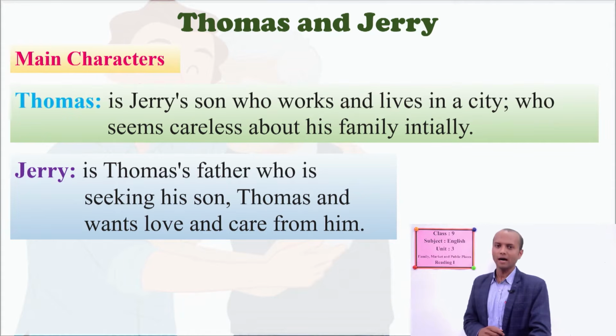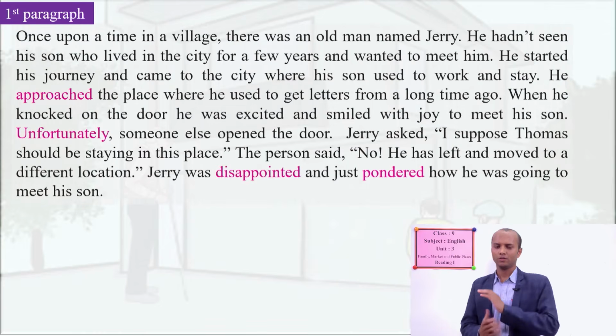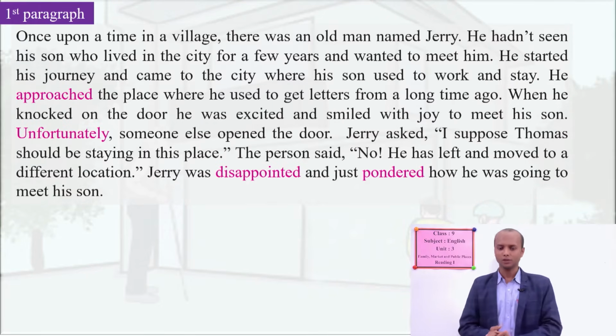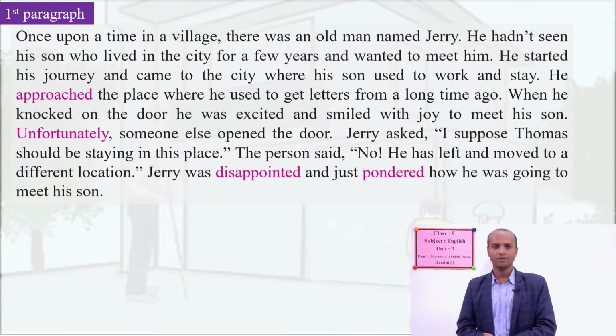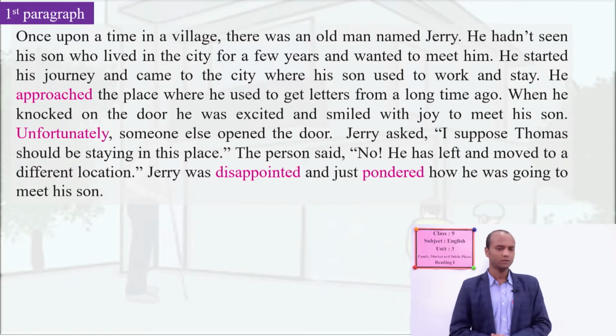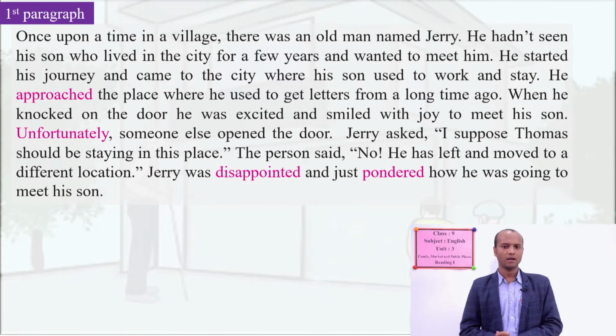Dear students, now I'd like to introduce you the story, that is Thomas and Jerry. Please read the first paragraph. So this is the first paragraph. Please read it out. Okay, you do have problem with the highlighted words, do you?